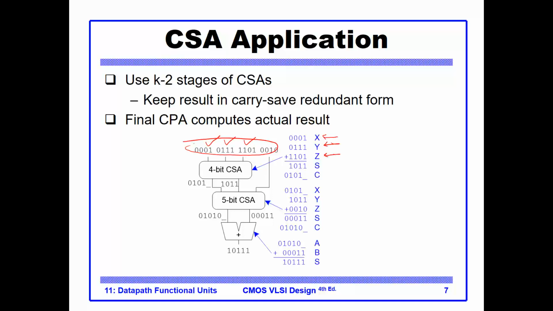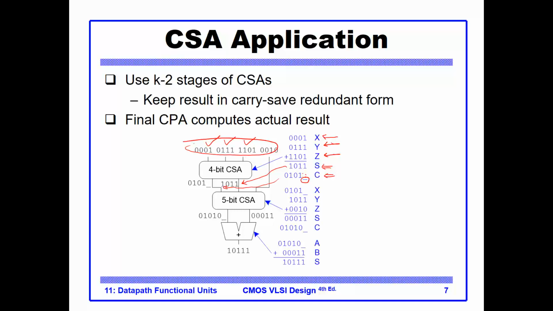This is the sum row, and this is the carry row. Here he is shifting this to the left, an indication of multiplication by 2. Actually, if I were the author, I would add just a 0 here to indicate that it is multiplied by 2.